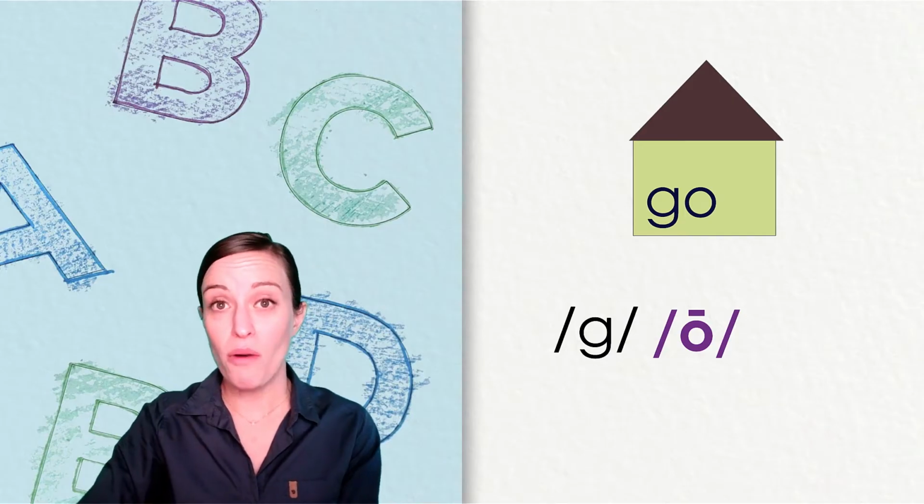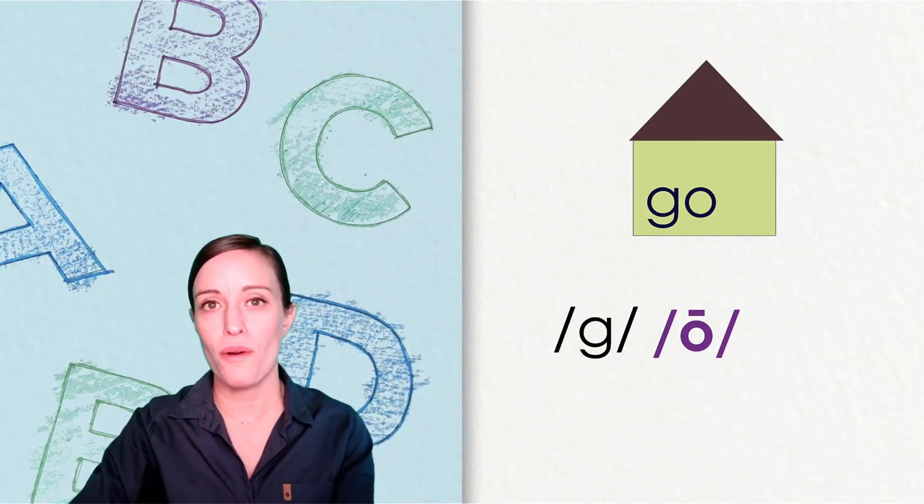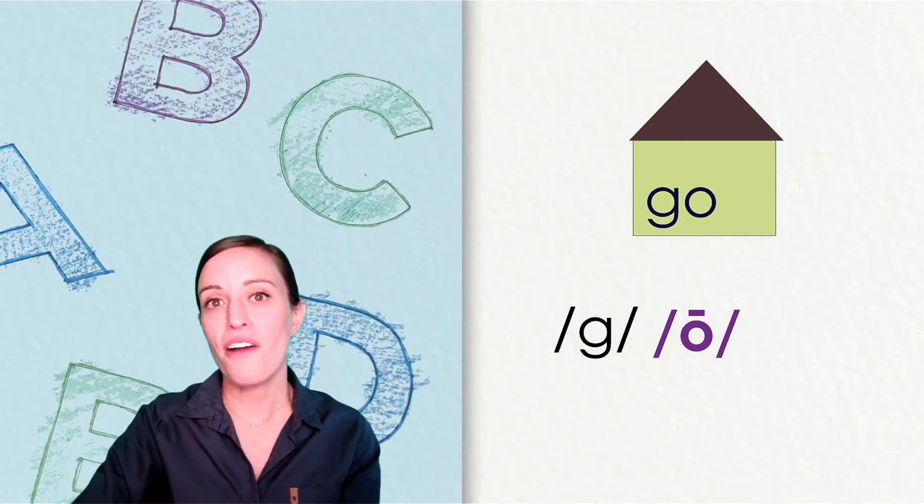Now it's a long vowel sound. If we look at the house, we can see that the door is open. In the word go, there is not a consonant closing in the O, so the O can shout out its name for all to hear. When there is an open syllable, we have a long vowel sound.